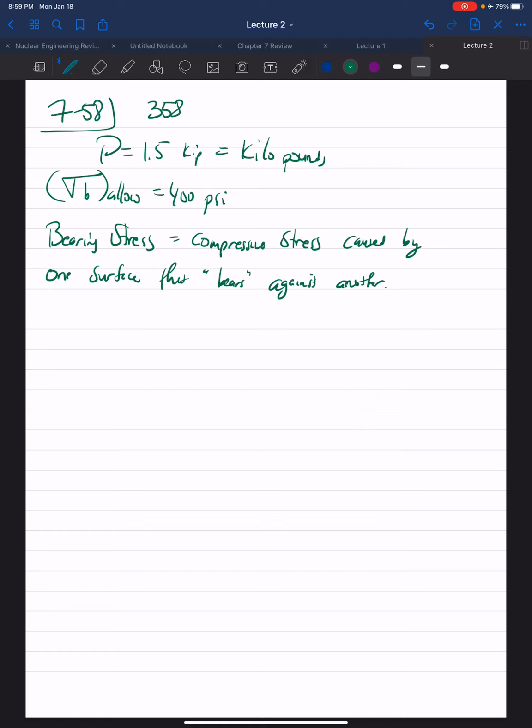So they gave us the allowable stress. So drawing our free body diagram, P is 1.5 kip. You have 2.5 kip coming down here.